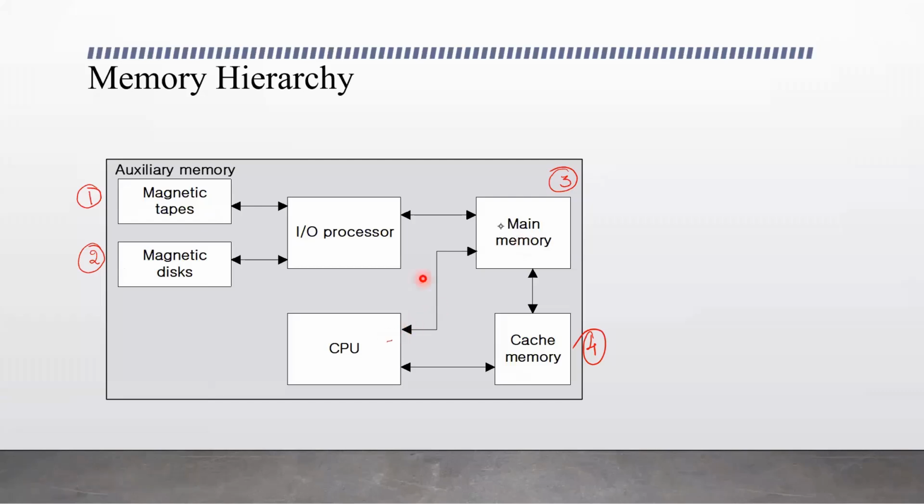It is also connected to the auxiliary memory through the IO processor, and main memory is also connected to the cache memory. Here the CPU has no direct connection with the auxiliary memory, because the CPU will not execute the files that are in auxiliary memory. For execution, they have to be stored in main memory only.